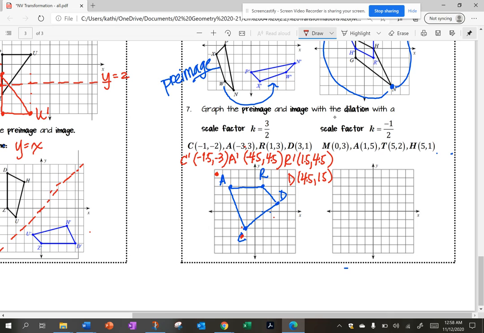So this is, I'm sorry, this is C prime, A prime. R prime is 1.5, 4.5. 1, 2, 3, 4.5. So R prime. And D prime, 4.5. 1, 2, 3, 4.5. 1.5. D prime.